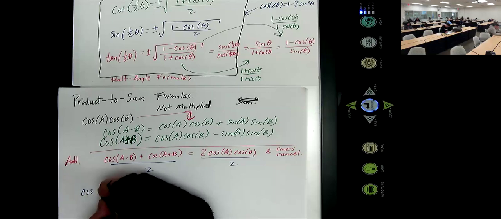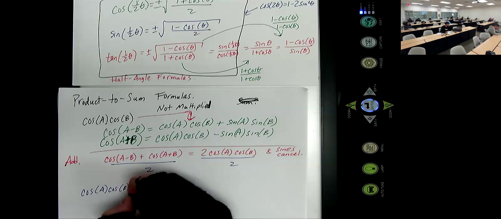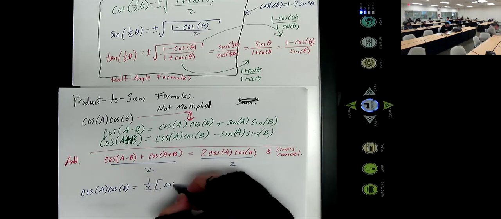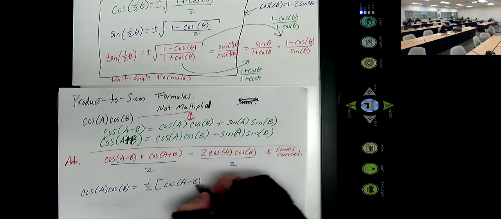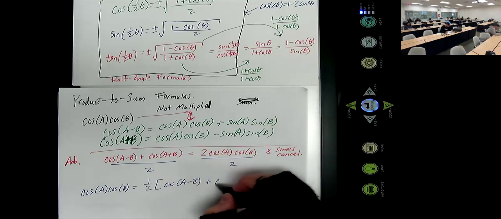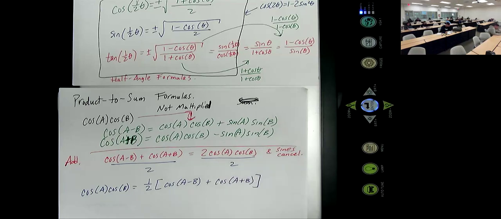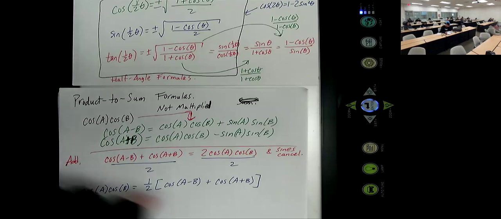So cosine of A cosine B, oftentimes they write it with the 1/2 out front, and say cosine of A minus B plus cosine of A plus B. We had a product and now we have a sum.